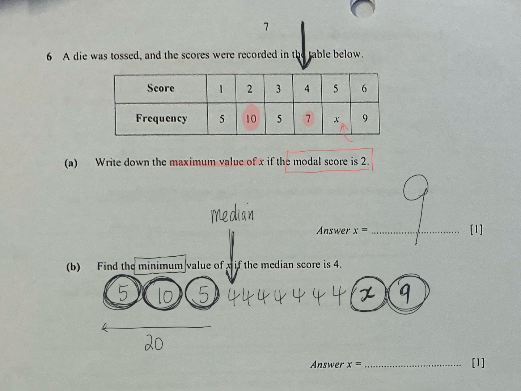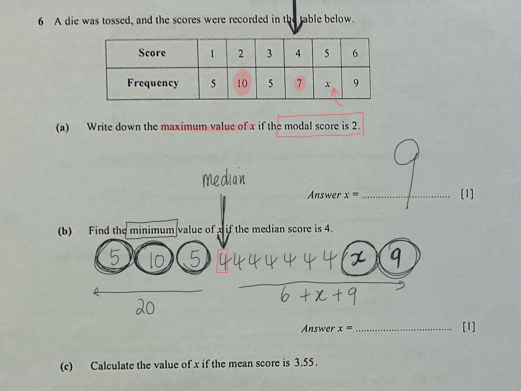And on my right, I have 1, 2, 3, 4, 5, 6 plus x plus 9 numbers. So the x I can get from here must be 5. Okay? This is one possibility.